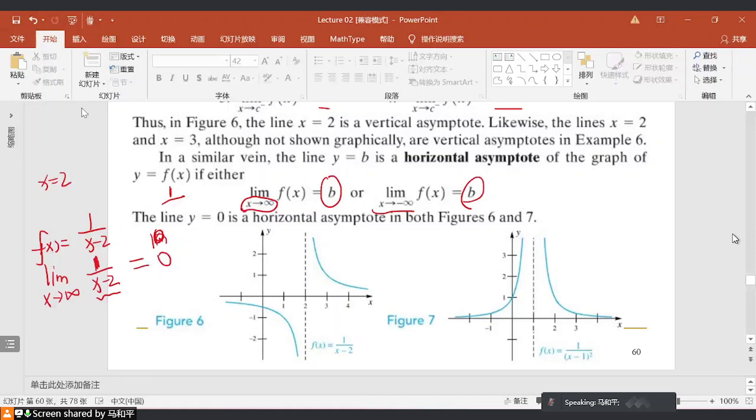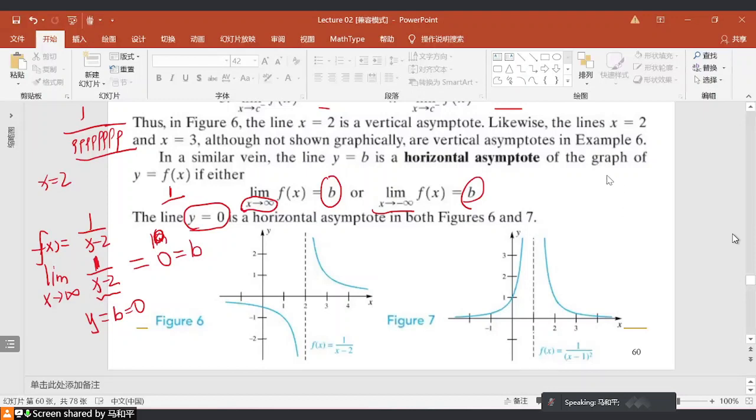So b is 0, and y = b, that is y = 0, is a horizontal asymptote in figure 6.